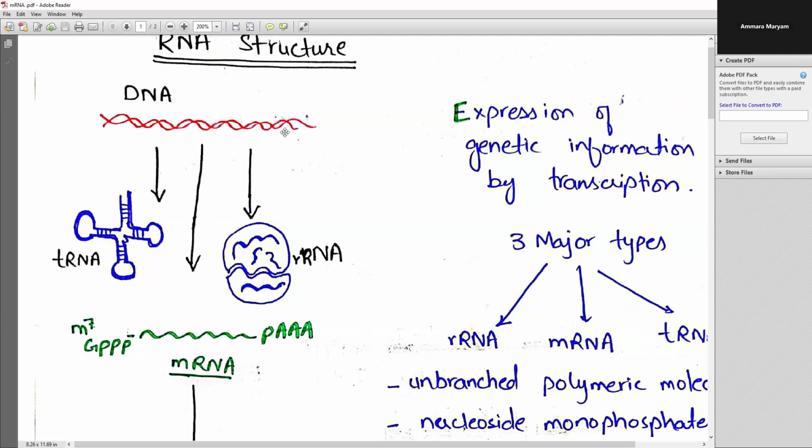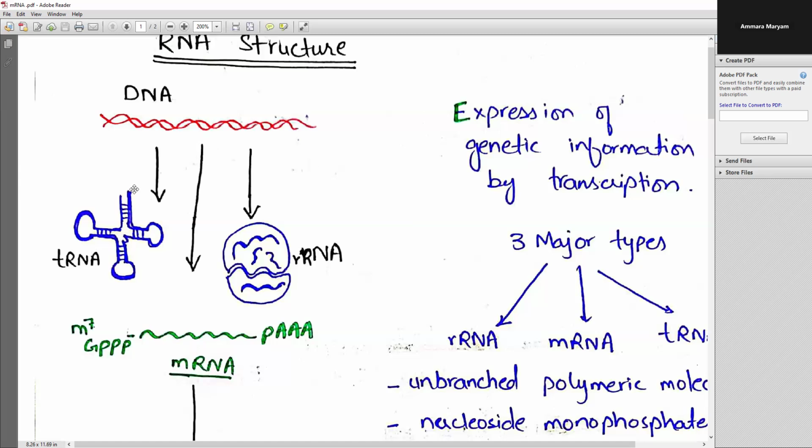You know that DNA stores all sorts of genetic information present in the genes, in the form of coding sequences. So this messenger RNA is going to copy that particular sequence and translate it into proteins.